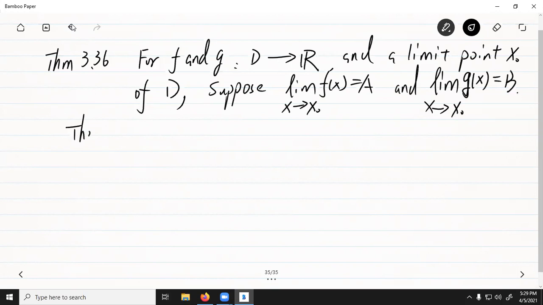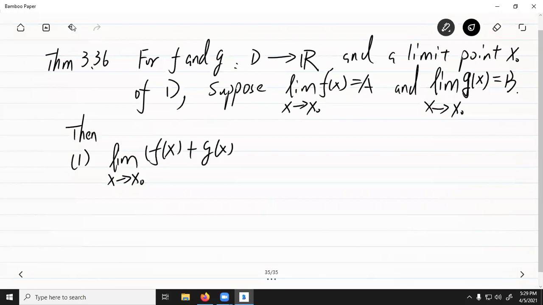Then the limit as x approaches x0 of f of x plus g of x is equal to a plus b.